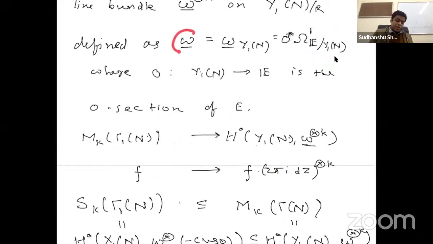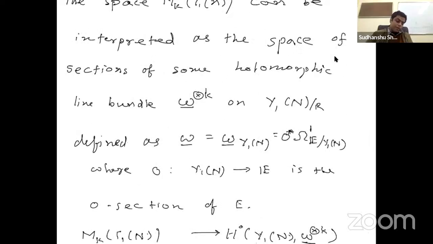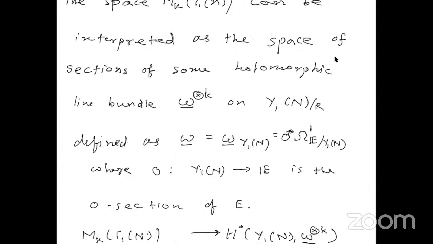But denoted by this, it only gives even weight, no? Sorry? This only gives even weight modular forms. So no, if you look at gamma naught N, omega, dz to the 2k, dz to the k gives you modular forms of weight 2k.